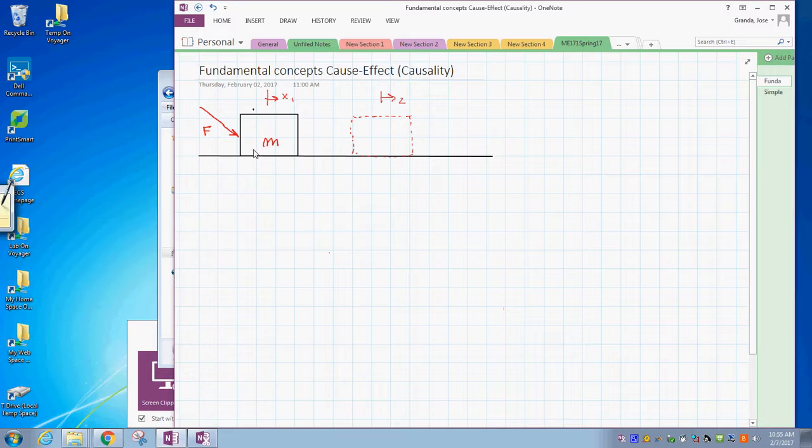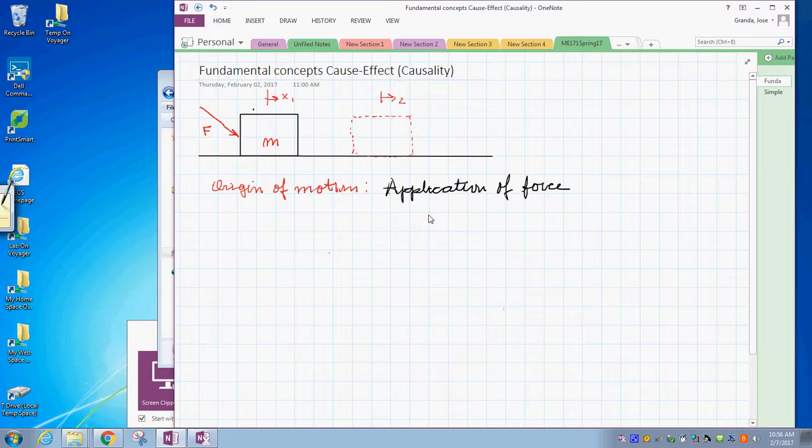So what is the origin of this motion? Why don't we say here, origin of motion? What's the origin of the motion? This would be application of force, right? So you see, application of force.